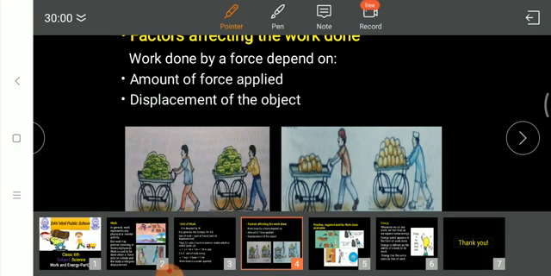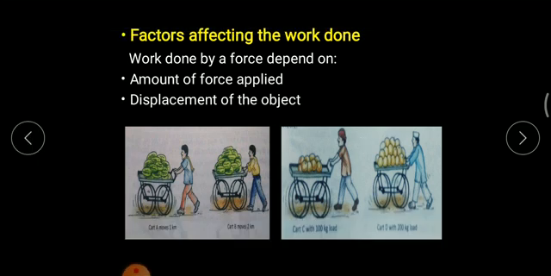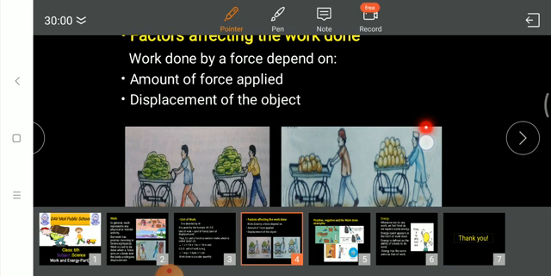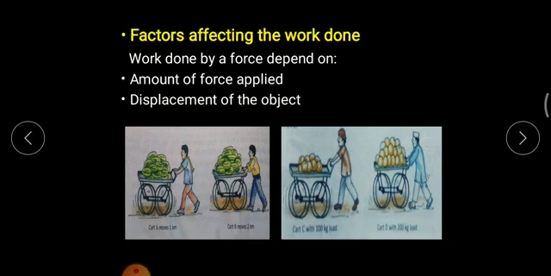Now another situation is given over here. Suppose both persons are moving, as you can see, two persons are over here. This person and this person have both covered a distance of say 1 kilometer. But as you can see, this person is carrying less mass, less fruit over here, whereas this person is carrying too much food, too much mass over here.